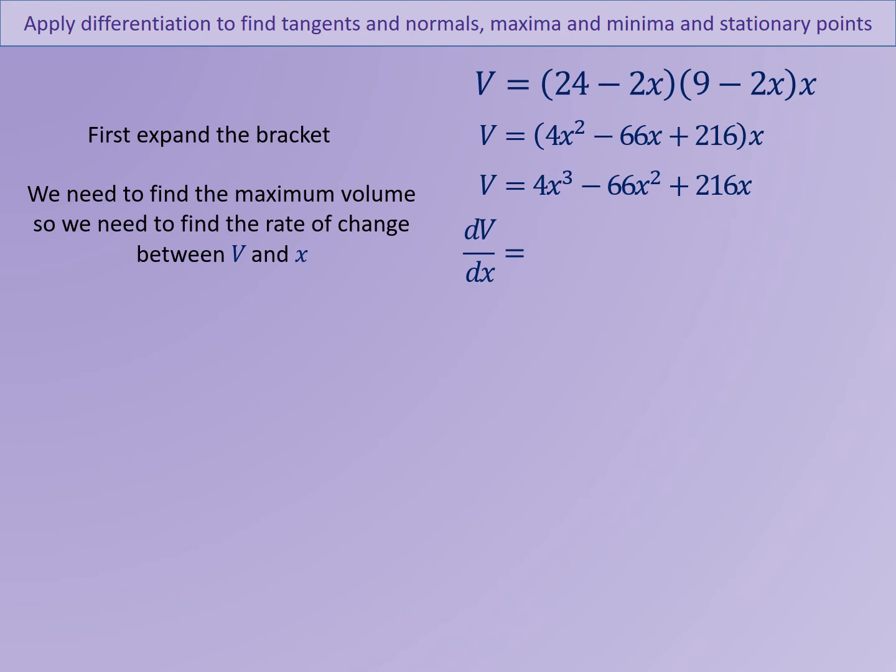Now, because our formula is V in terms of x, then our gradient function is dV by dx. So please make sure that you use the correct notation when you are differentiating. And the answer to that is, of course, how it's always been. We multiply by the whole power and reduce the power by 1.